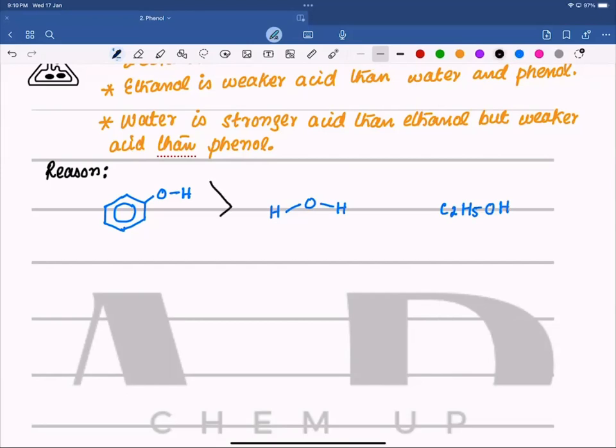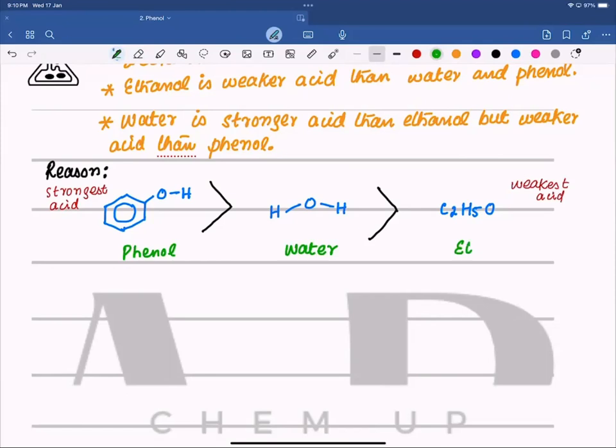As for their acidic strength, I can place these greater than signs like this: phenol is the strongest acid and ethanol is the weakest acid. It's phenol, water, and ethanol.